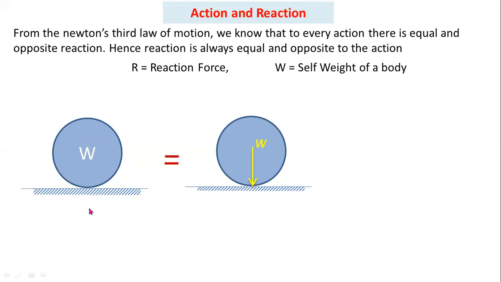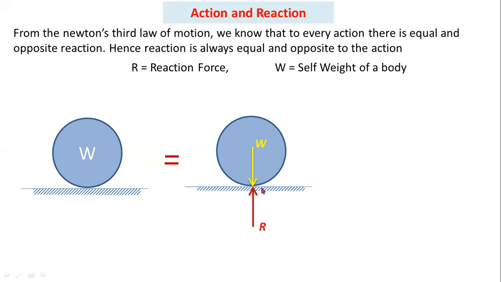And here you can observe this is a horizontal support, and there is a contact between the horizontal support and this cylindrical surface. At the point of contact, you have to consider a reaction force. Here the support is horizontal, so you have to consider a vertical reaction.